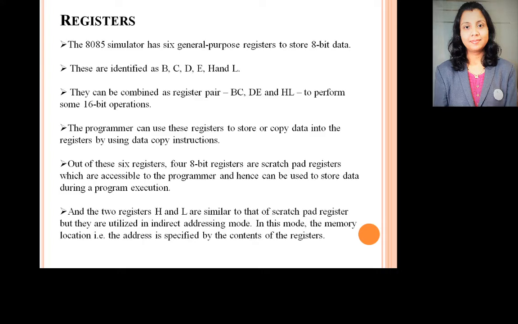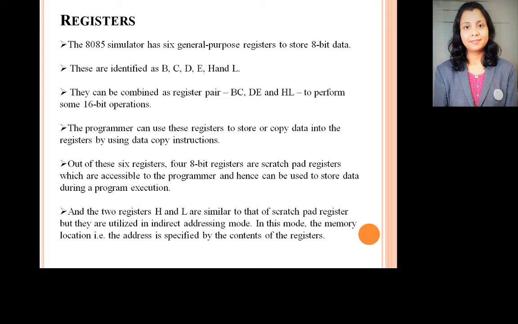Registers. What are registers? The 8085 has 6 general purpose registers to store the 8-bit data. These are identified as B, C, D, E, H and L. They can be combined as register pairs, namely BC, DE and HL to perform the 16-bit operations.